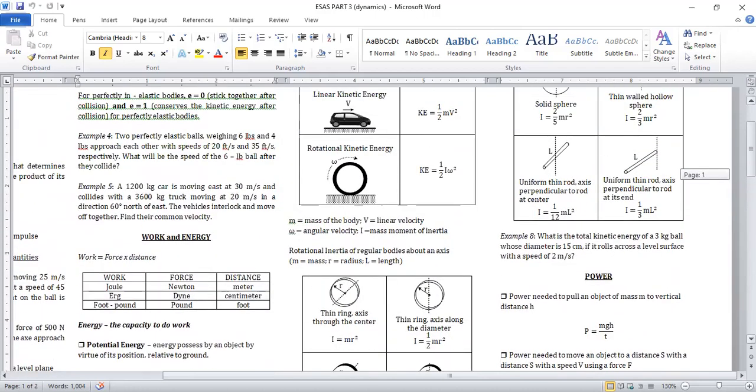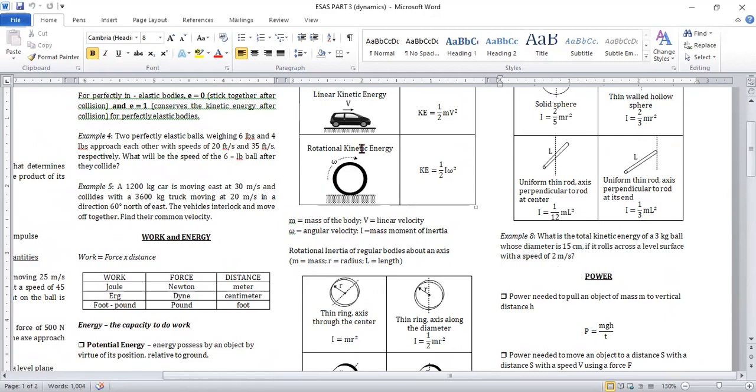Then we have item number 8. In number 8, you have what is the total kinetic energy of a 3 kilogram ball whose diameter is 15 cm if it rolls across a level surface with a speed of 2 meters per second.